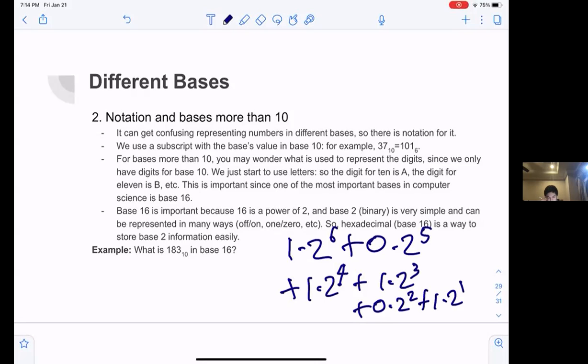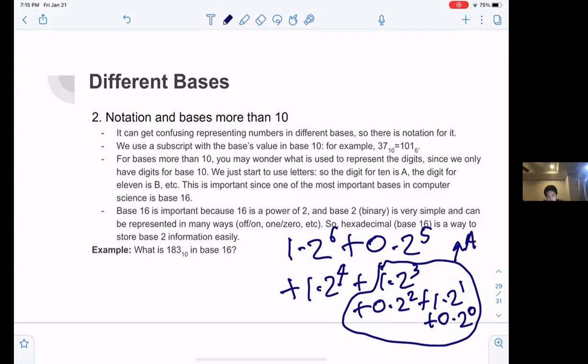If we go from left to right, in order, then this is a number in base 16. We can compute this as 8 plus 2 plus 8 plus 2, which is just A in base 16.